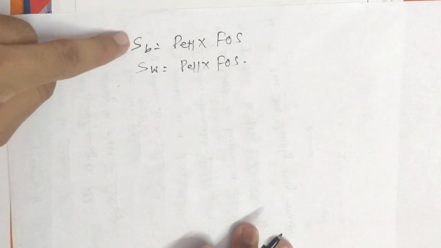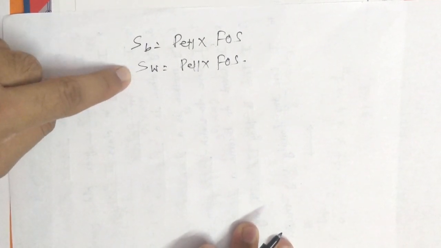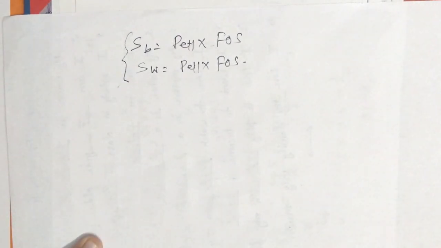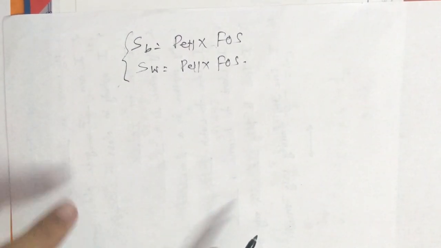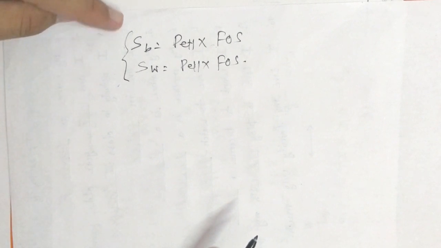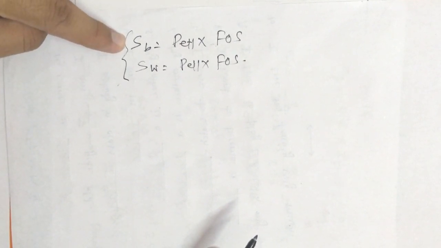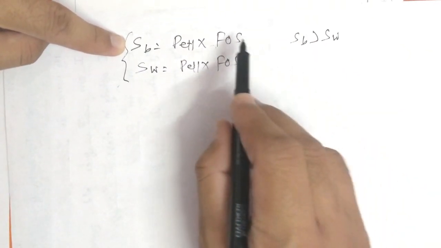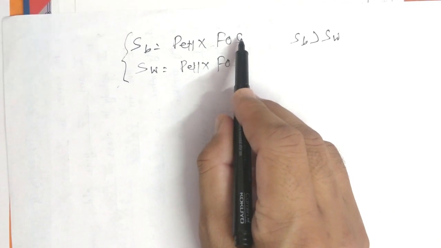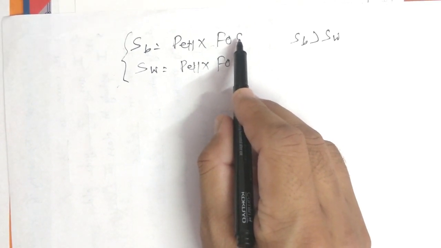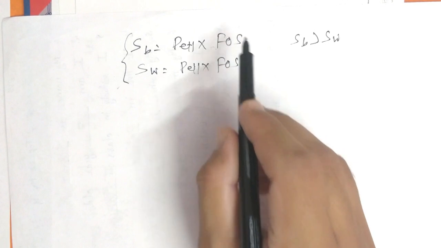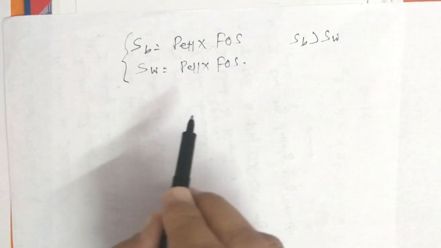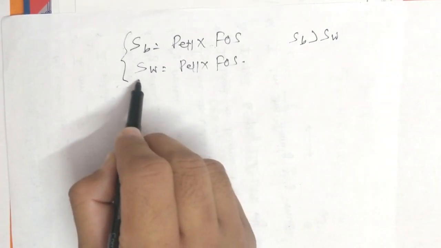So we can calculate from SB as well as from SW, but here wisely we have to choose one value. So now if we calculate P effective from SB and SB is greater than SW, so P effective would be greater, and if the P effective is larger, then power transmission would be larger, and then gear will fail in the wear strength criteria.